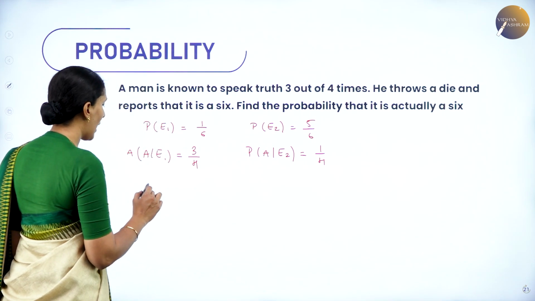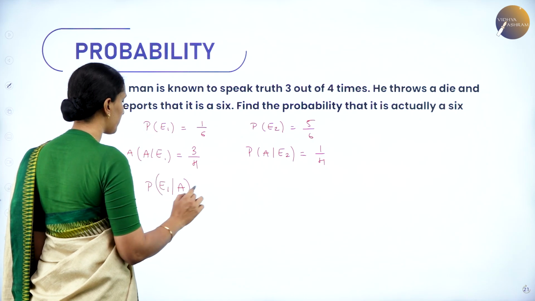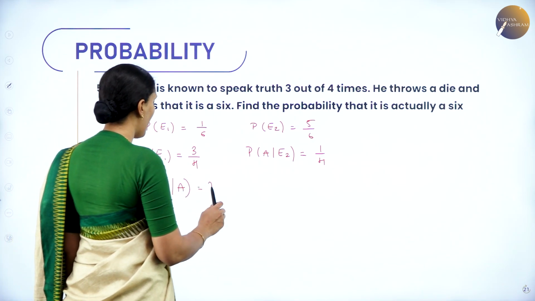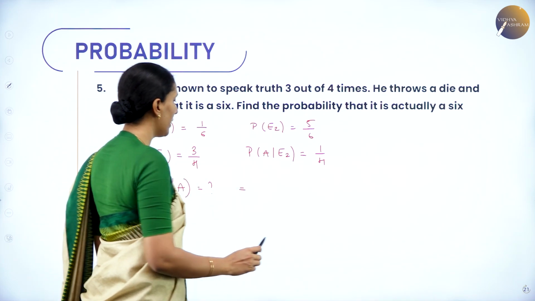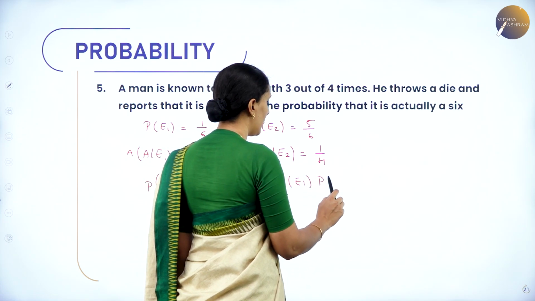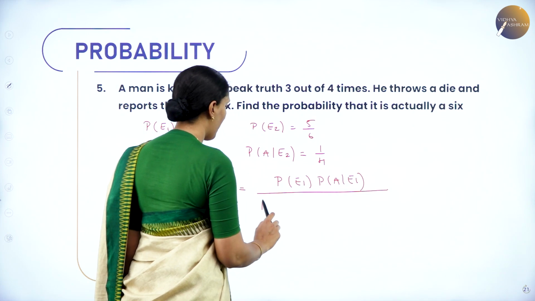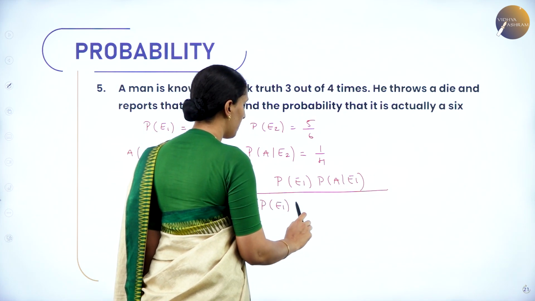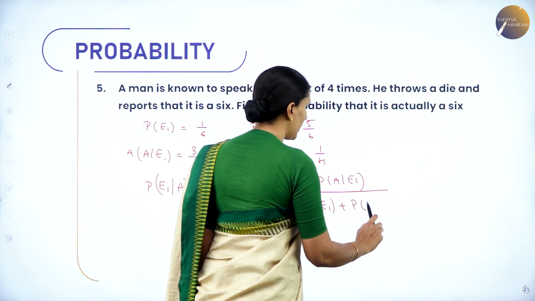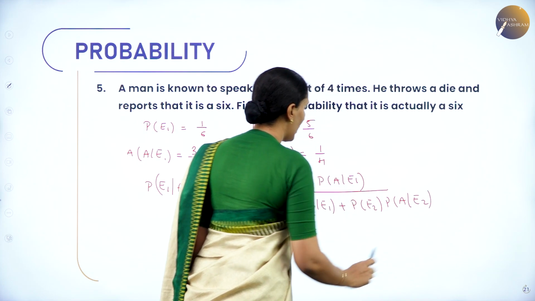Now we need to calculate the probability of E1 given A. Again using Bayes' theorem, the probability of E1 given A can be written as the probability of E1 times the probability of A given E1, whole divided by the total probability, that is, the probability of E1 times the probability of A given E1 plus the probability of E2 times the probability of A given E2. Let us substitute.